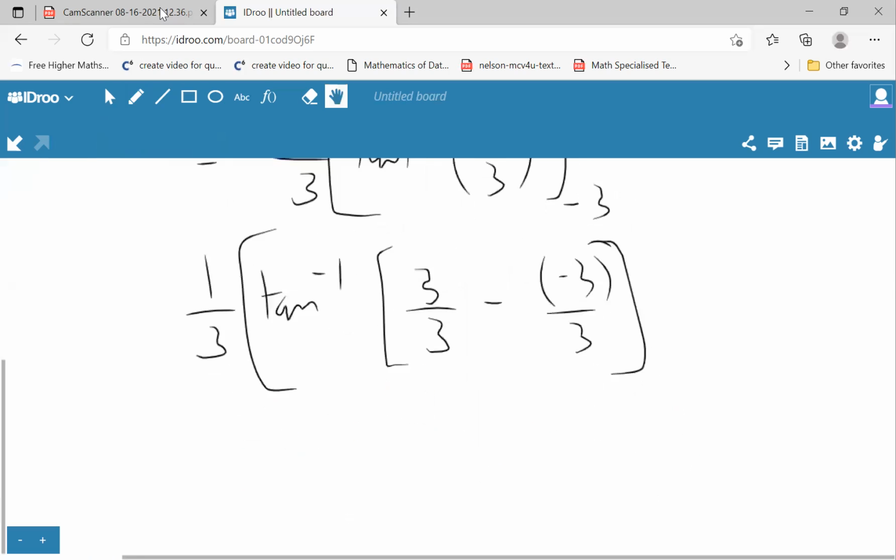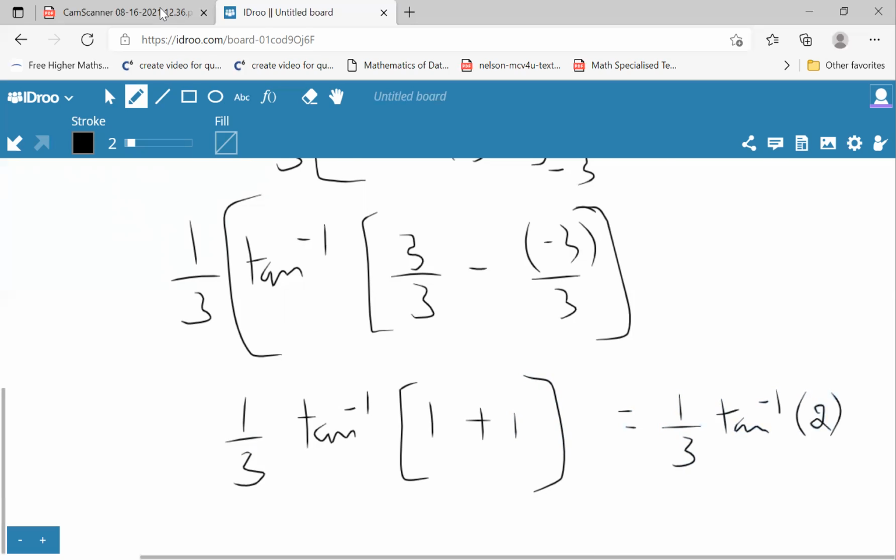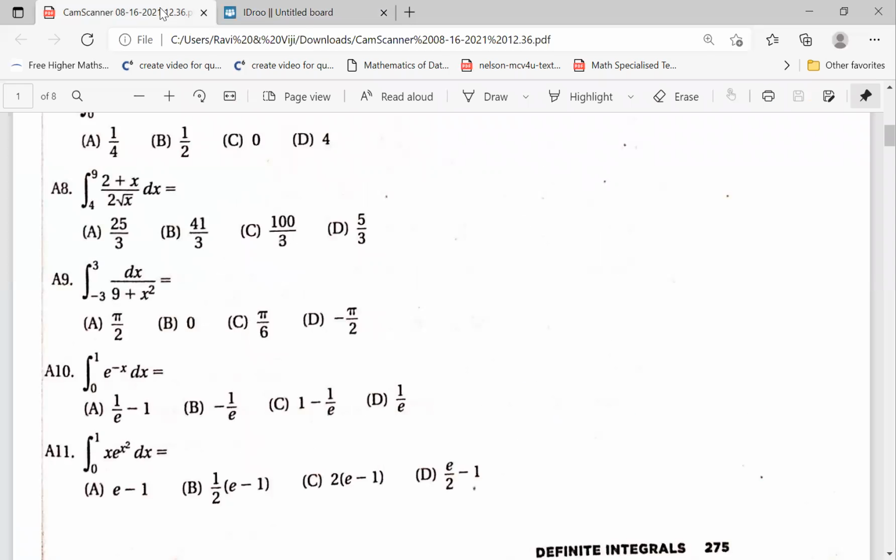So that would now become 1 by 3 tan inverse of 3 by 3 is 1 minus, now again, this now becomes minus 1. Minus of minus 1 is plus 1, which is nothing but 1 by 3 tan inverse of 2.